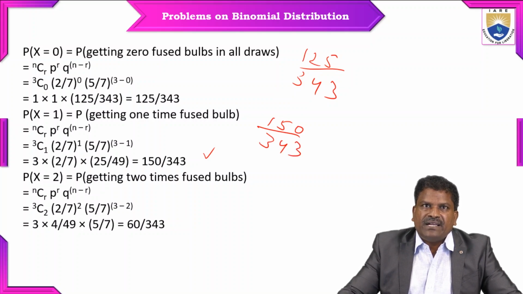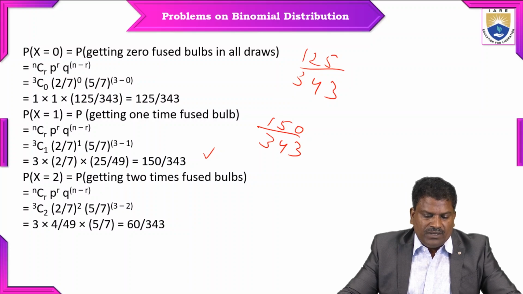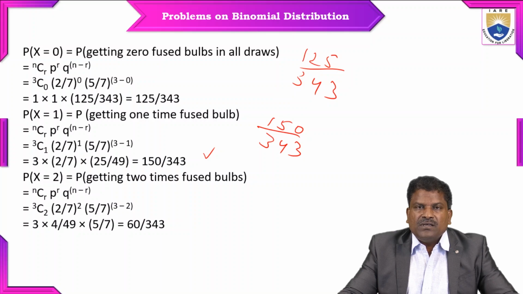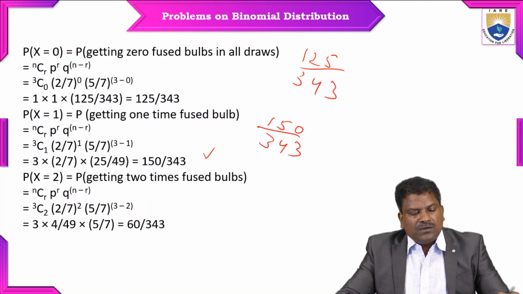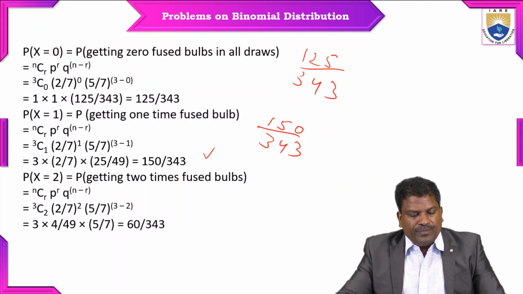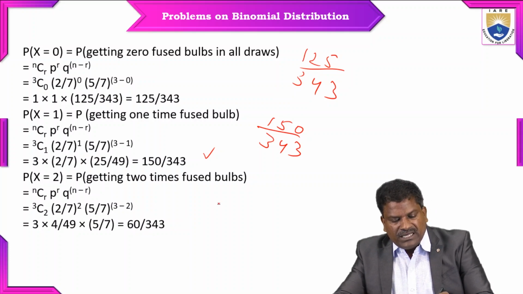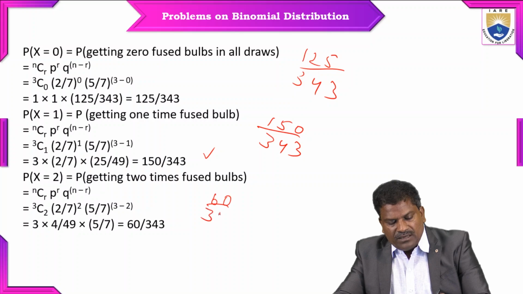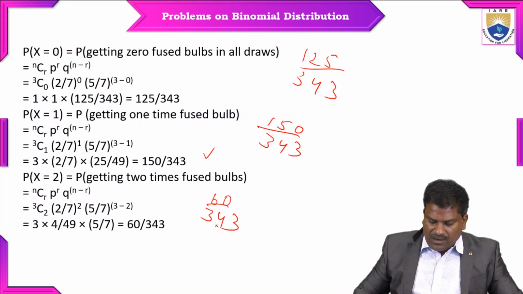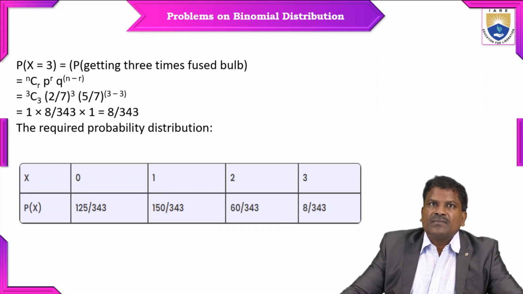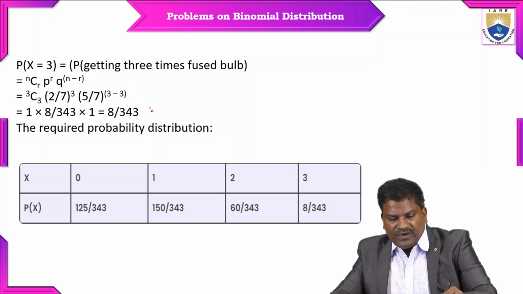Now in the same way, find P of X equal to 2, the probability of getting two fused bulbs. Keeping it in the formula, we find P of X equal to 2 as 60 by 343. Now find P of X equal to 3. In the same way, it is coming as 8 by 343.